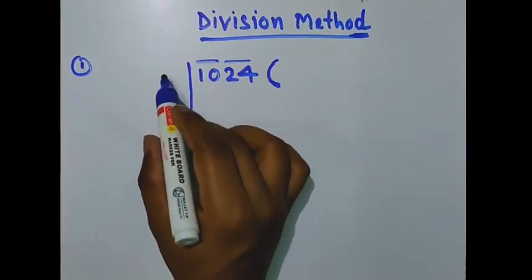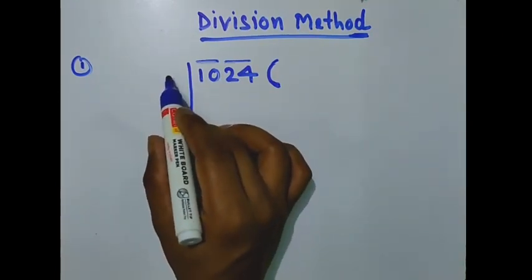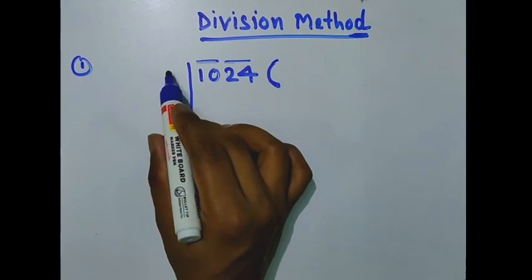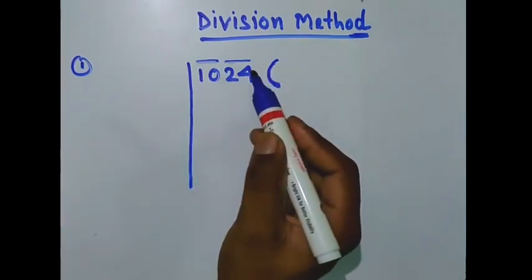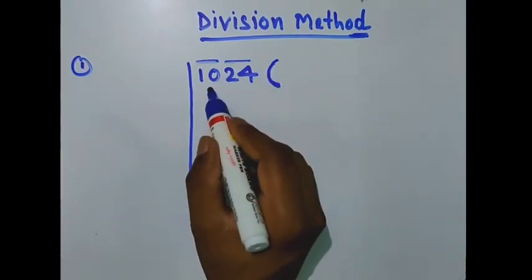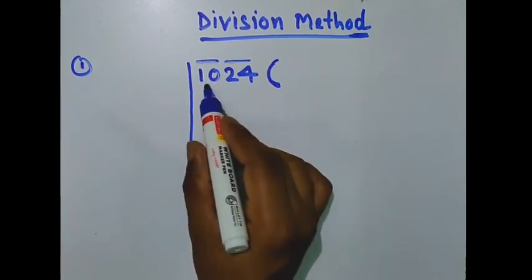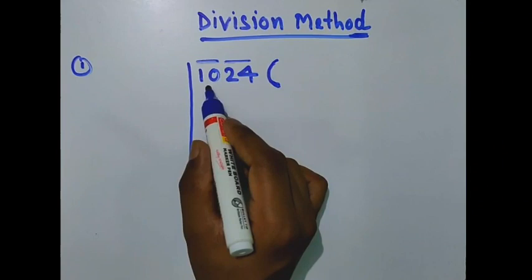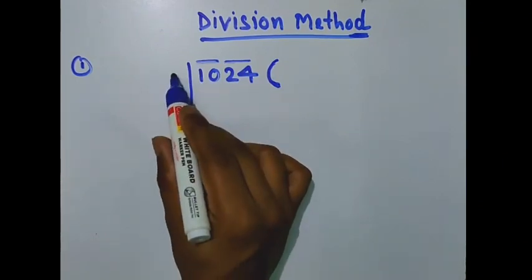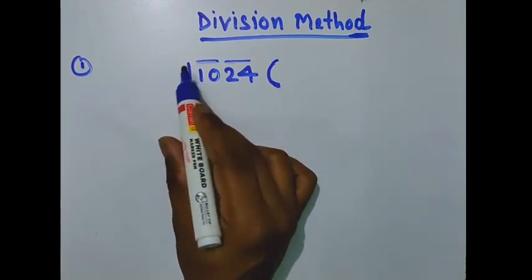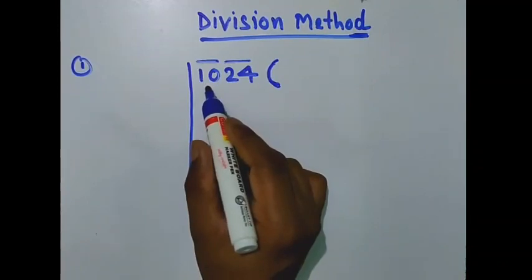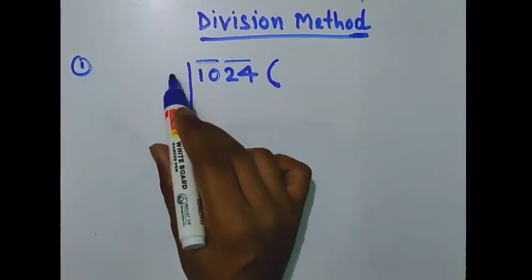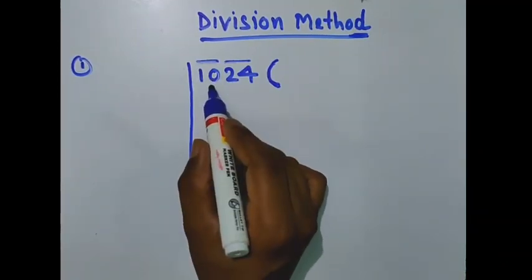Now we have to think of a number which you will square, and you will get either 10 or less than 10, but not more than 10, somewhere close to 10. If I multiply 2 times 2, that is 2 squared, it will give us 4. 3 squared will give us 9, but 4 squared is 16, which is more than this.